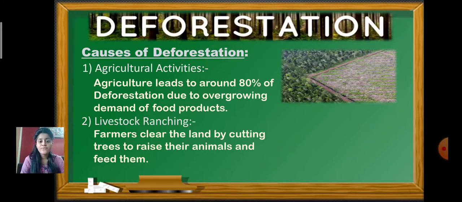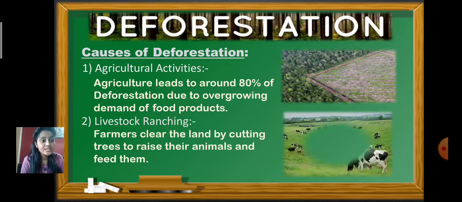Means farmers cut down the trees so that their animals get a space to eat grass. Have you ever seen livestock ranching? Yes, in village side it's common. See this picture, how these cows are grazing grass. It's livestock ranching. Because of this, the farmers cut trees, which causes deforestation.